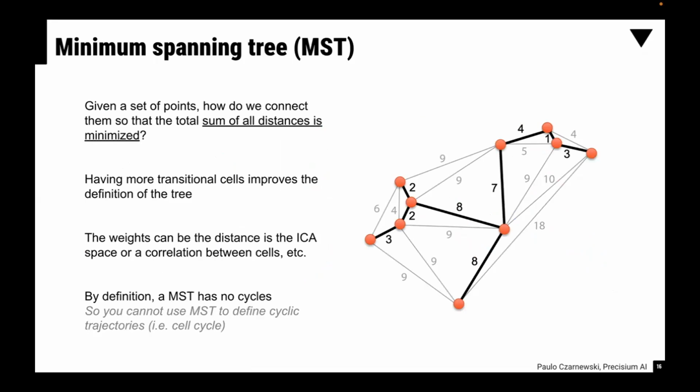We try to minimize, the algorithm tries to minimize or find the minimal distance between cells. Exactly. But then, you said that we had to do this in harmonized data, right? But harmonized data already has eliminated variation.